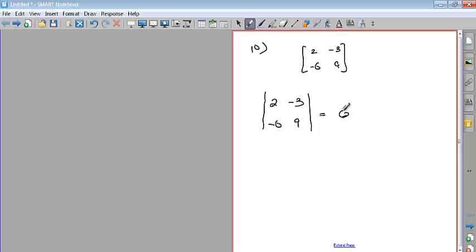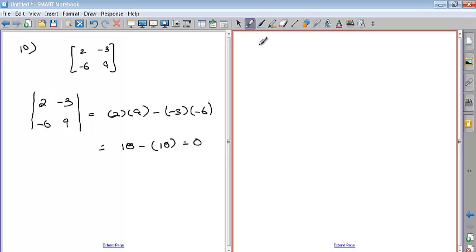So it's going to be 2 times 9, the multiplication this way, and then subtract the other multiplication, -3 times -6. So 2 times 9 is 18, and then you subtract 18, since -3 times -6 is positive 18. So the final answer is 0. The determinant of that matrix is 0.